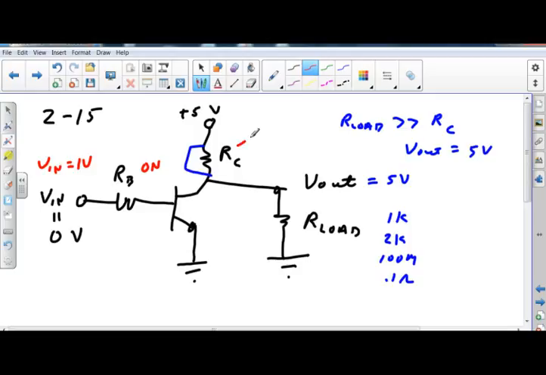So this resistor, among other things, is a current limiting resistor, preventing the transistor from burning up. If I make it too small, too much current will go through the transistor when it's on. My transistor will burn up, and what did that do? Heats it up.